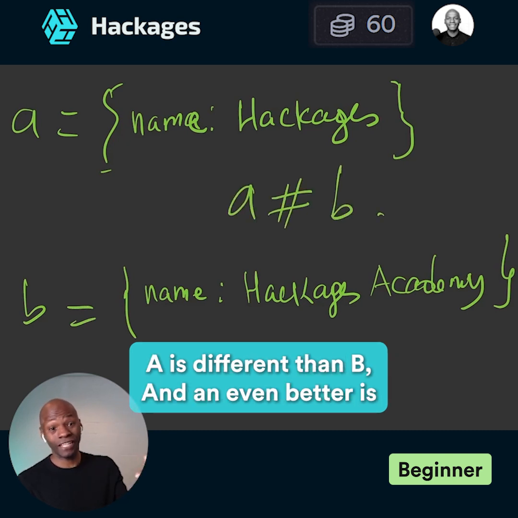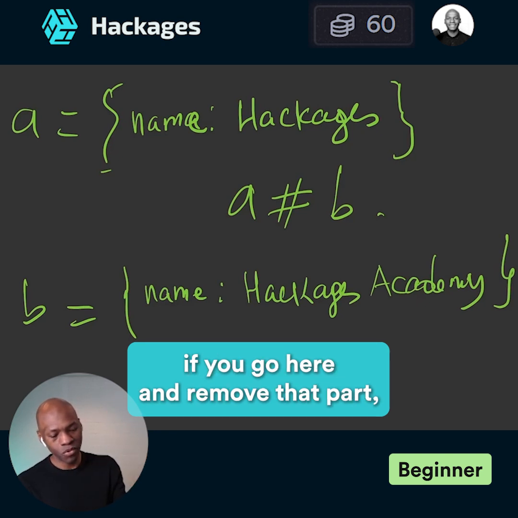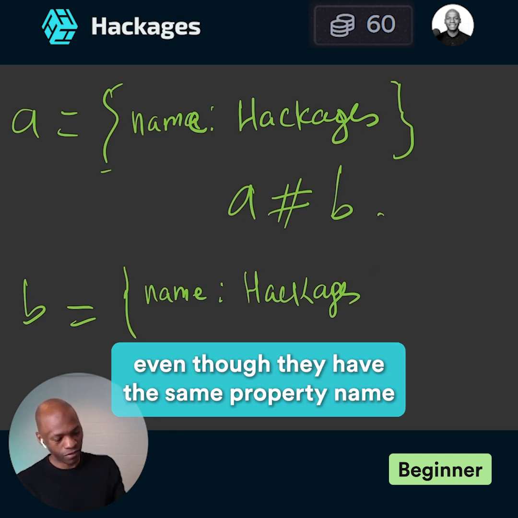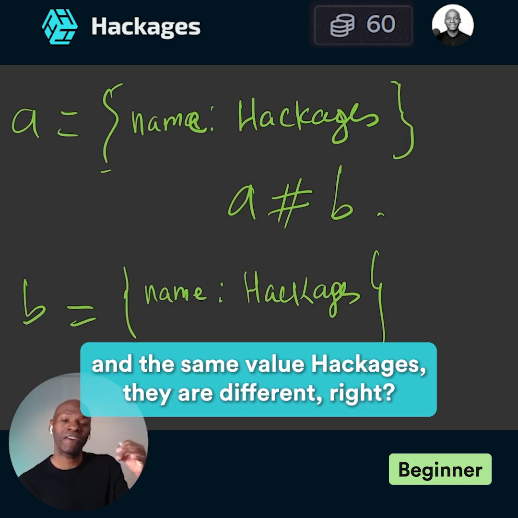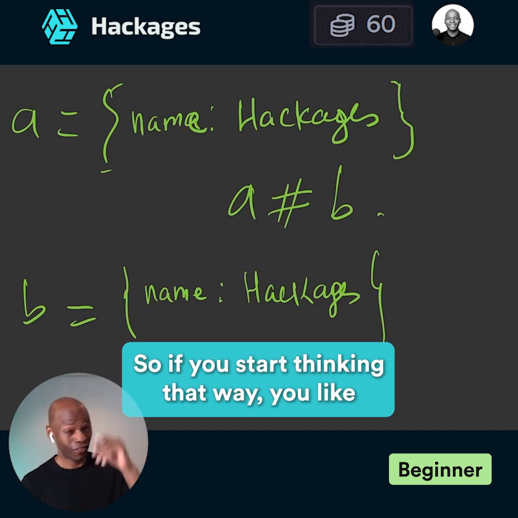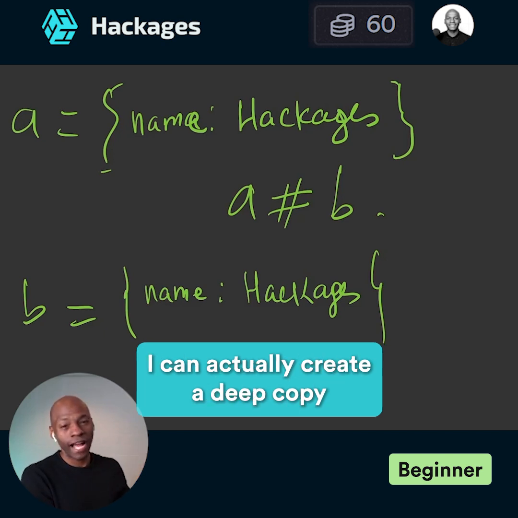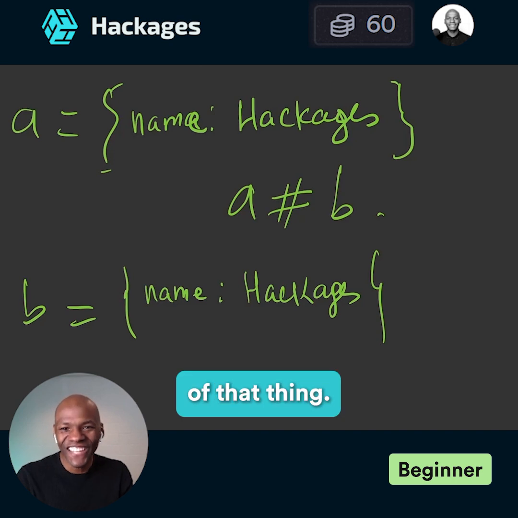And even better, if you go here and remove that part, even though they have the same property name and the same value, packages, they are different. So if you start thinking that way, you realize, I can actually create a deep copy of that thing.